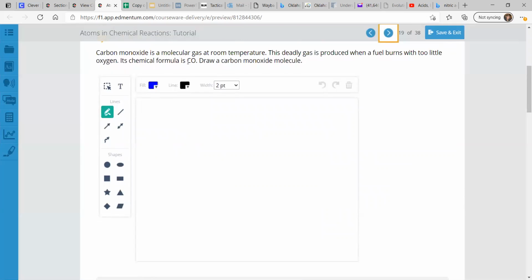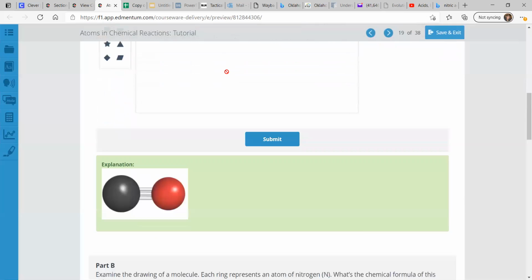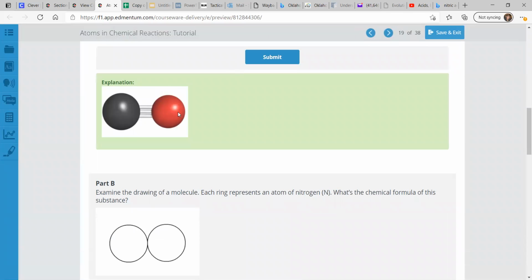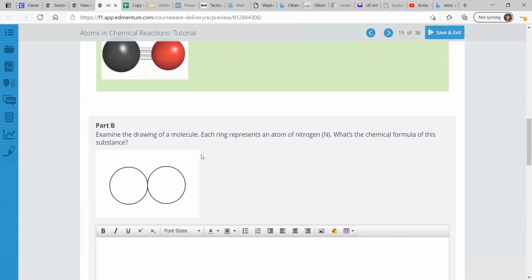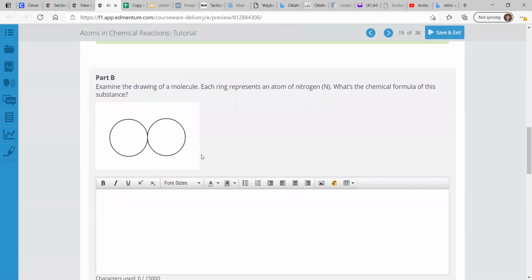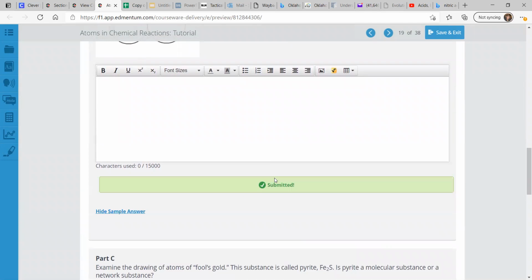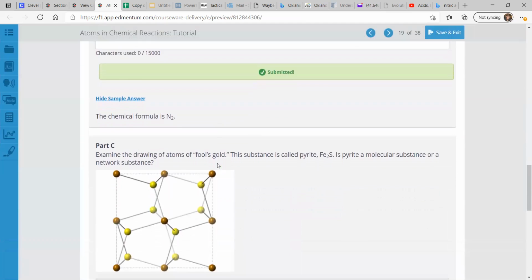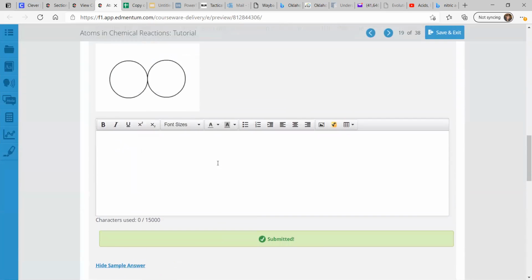And its chemical formula is this, CO. So for every carbon atom, you have one oxygen. Examine the drawing of a molecule. Each ring represents an atom of nitrogen. What's the chemical formula? Well, we have N2, because there's two of them.